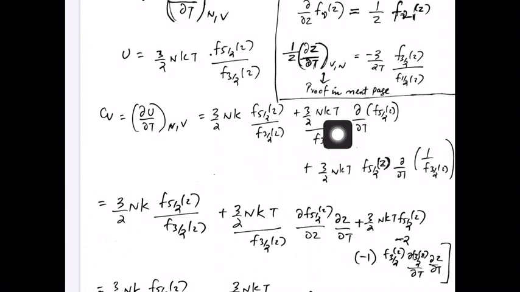Then we have 3/2 nkT F3/2(z), differentiating F5/2(z) with temperature. Then we have 3/2 nkT F5/2(z), and differentiating this 1 by F3/2(z) with respect to temperature. So we are applying the product rule, and there are 3 terms containing temperature.